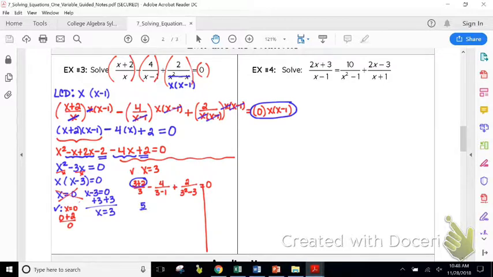So I get 5 over 3. Second fraction, it's 4 over 2. Plus the third fraction, there's 2 over, is that 9 minus 3? So 5/3 minus 2 plus 2 over 6, which is 1/3. Okay.